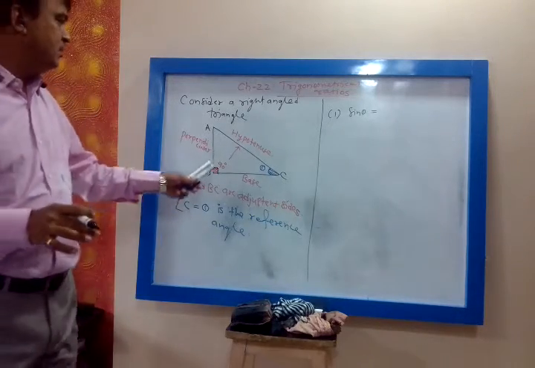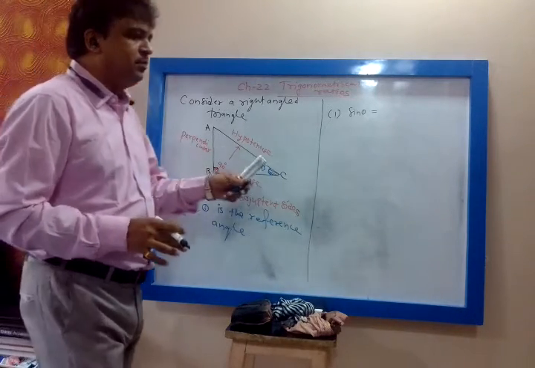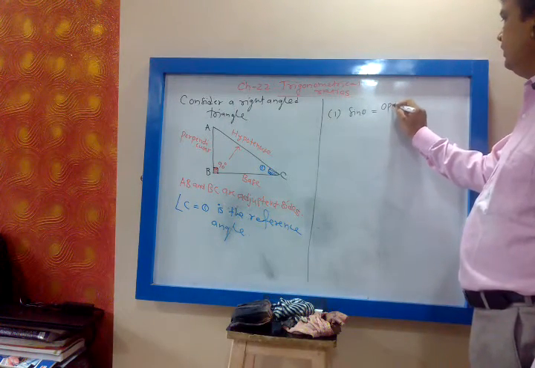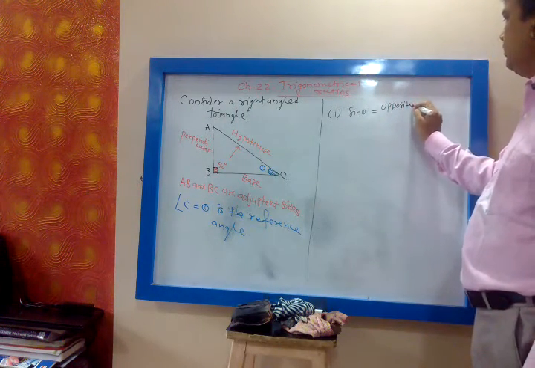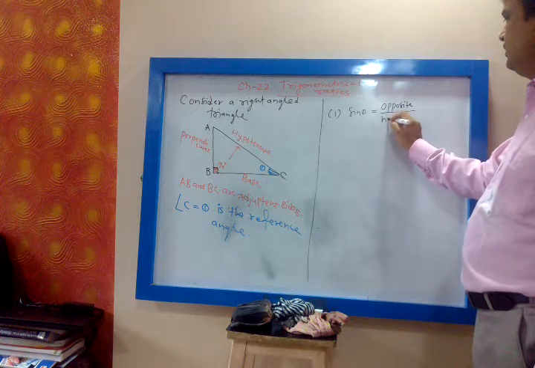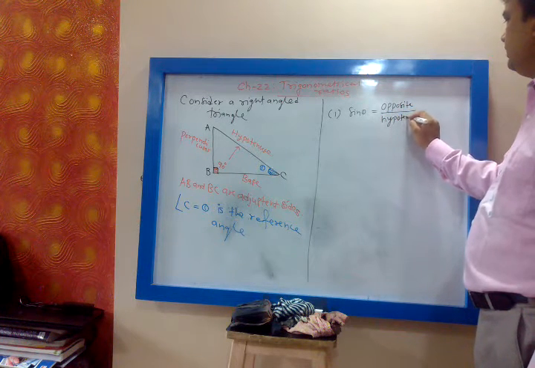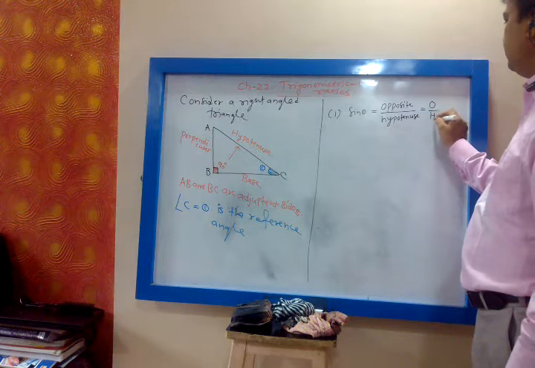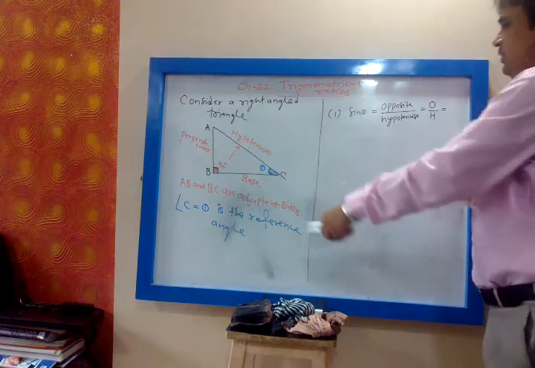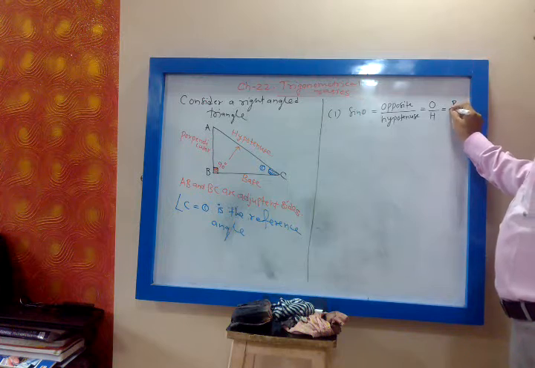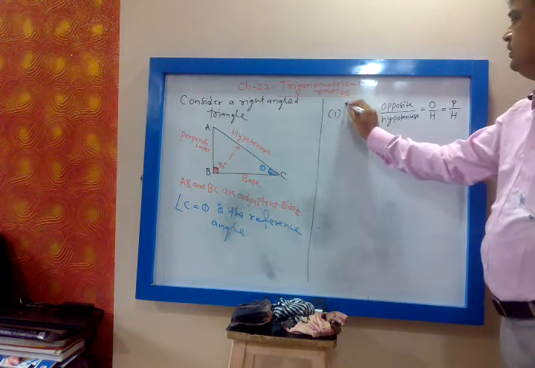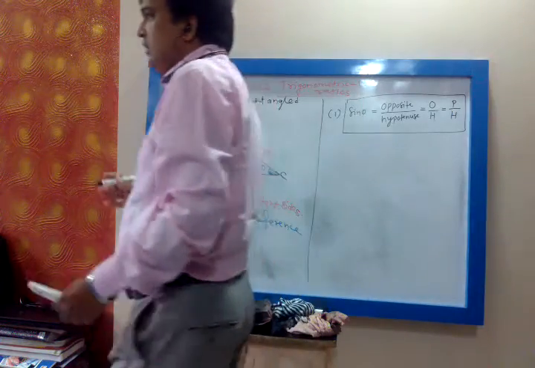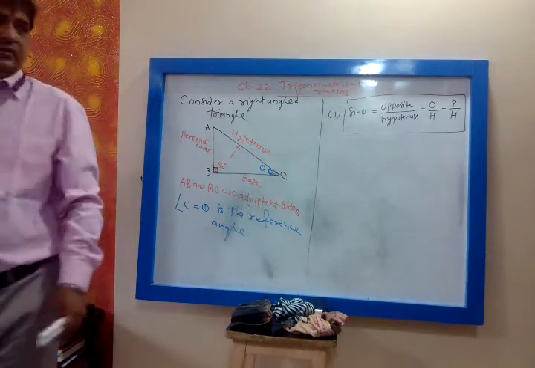Sine theta is opposite upon hypotenuse, the same as perpendicular upon hypotenuse. Whenever you find sine theta, we consider the opposite side.